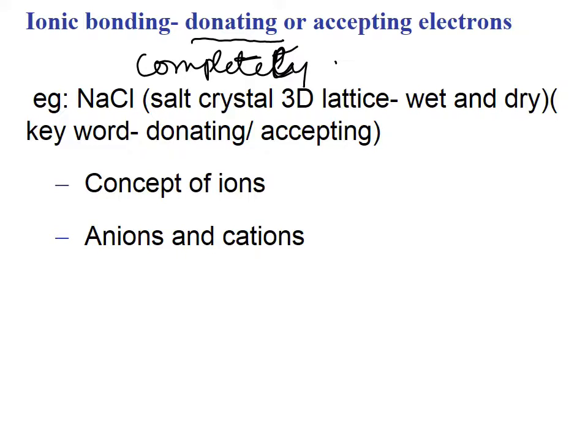We can take the best example of sodium and chlorine. Sodium has an atomic number of 11. Chlorine has an atomic number of 17. So let's draw their charges and see what happens to their orbitals.